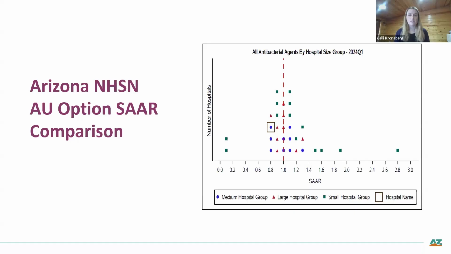I really want to emphasize that a SAR greater than 1 does not mean that use is inappropriate, and a SAR less than 1 does not mean that use is appropriate. It's simply an objective measure of use that we then need to investigate further. This is how we can compare at the state level for the facilities submitting NHSN AUR data.